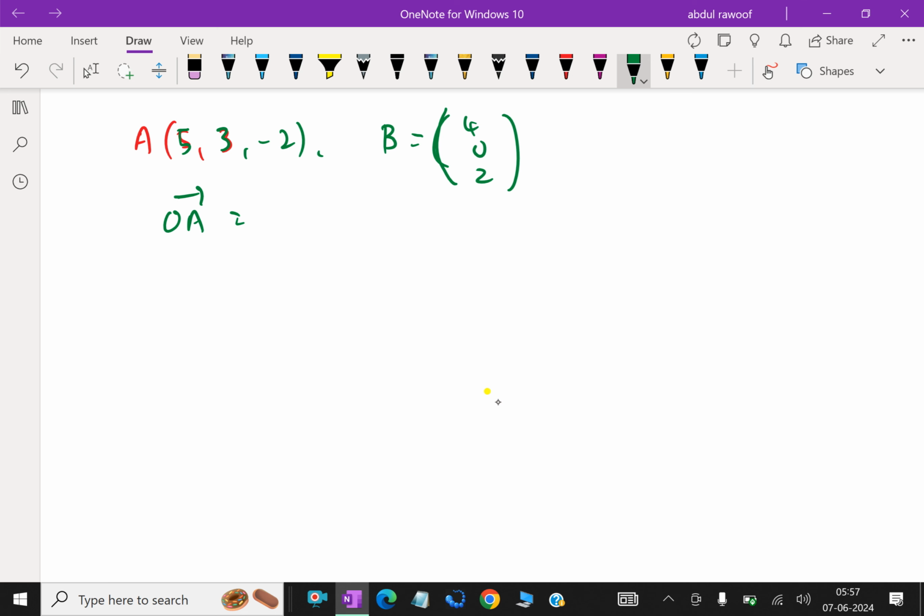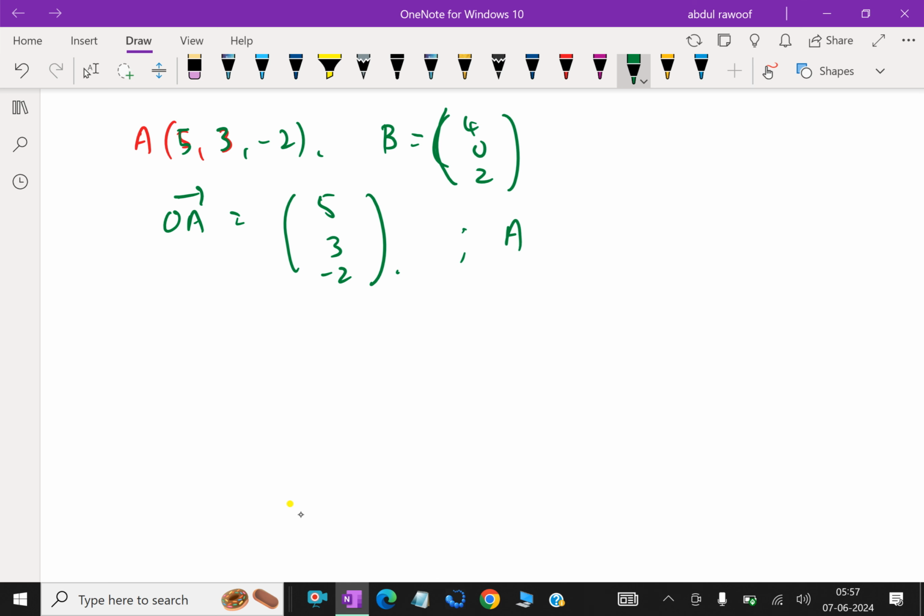Vector OA means just start with the origin. So OA is 5 minus 0, 3 minus 0 and minus 2 minus 0. Therefore it is itself 5, 3, minus 2.